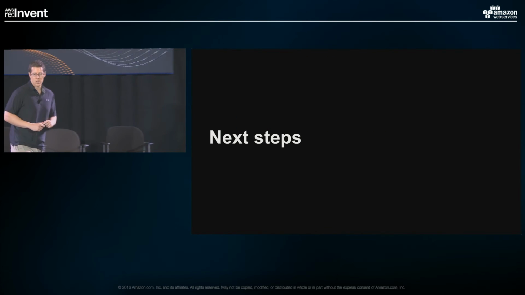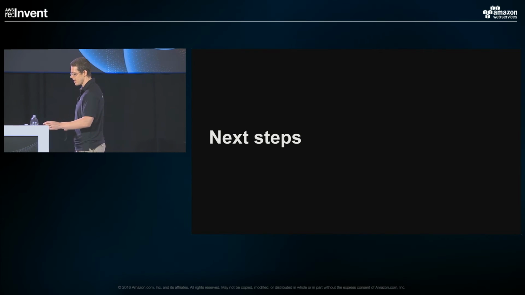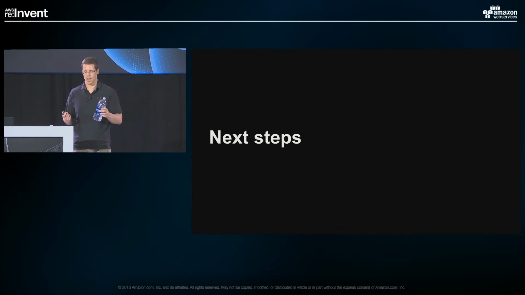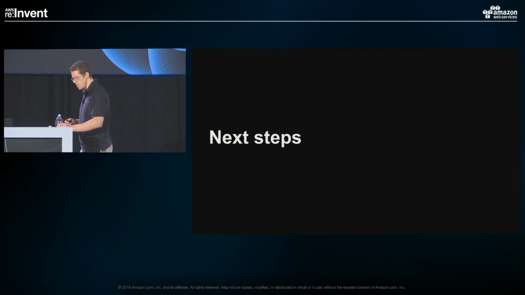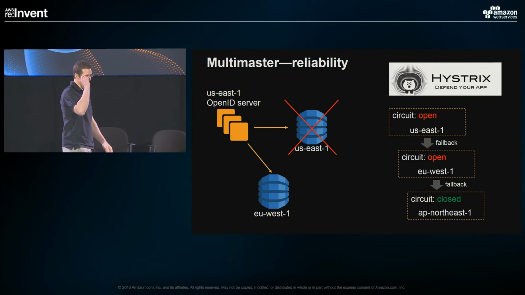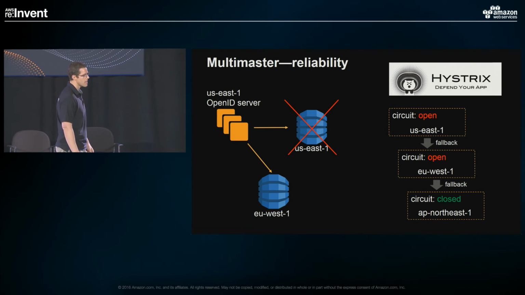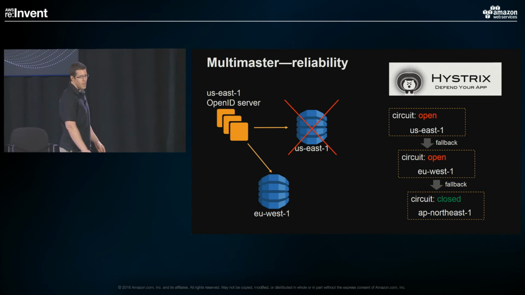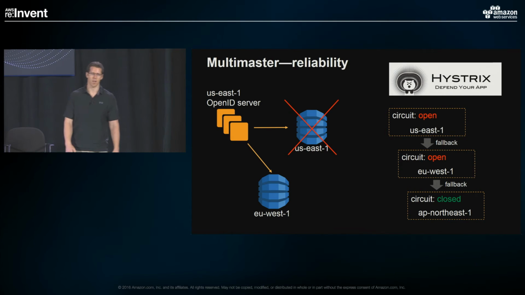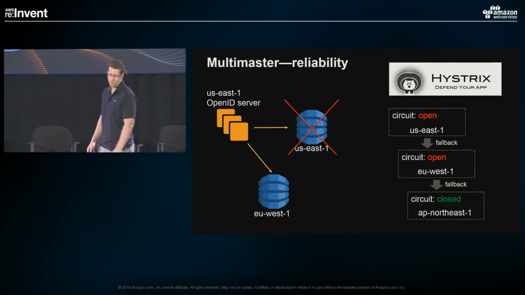All right, so where do we want to take this next? Especially with the latency slide, like I talked about, it could be better. So one of the ways we want to make it better is reliability. So if US East 1 goes down, which is highly unlikely and unfortunate if it does, our applications become unavailable because we're unable to write that anonymous data, the non-PII data.